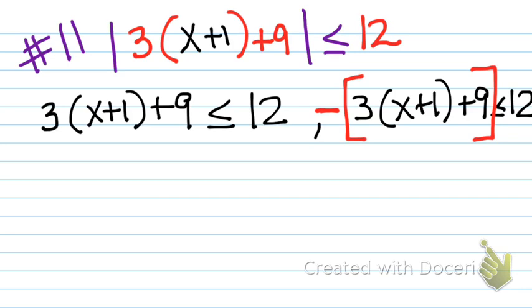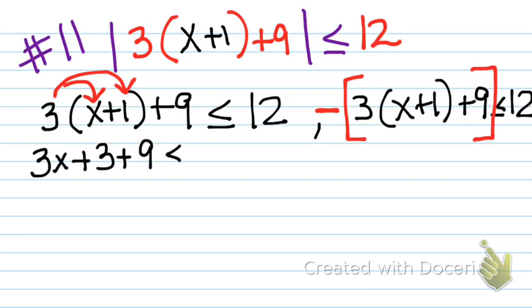To solve, we need to simplify using please excuse my dear Aunt Sally. We take 3, multiply that to x, and take 3 and multiply that to 1. Therefore, we have 3x plus 3 plus 9 is less than or equals to 12.